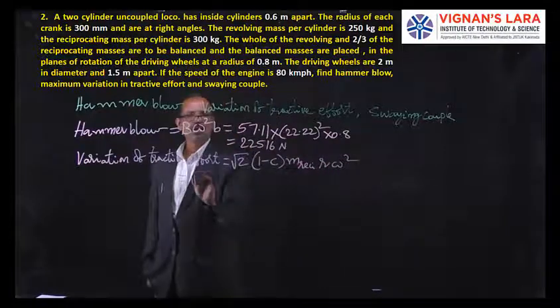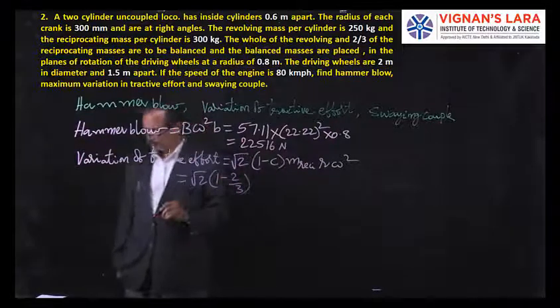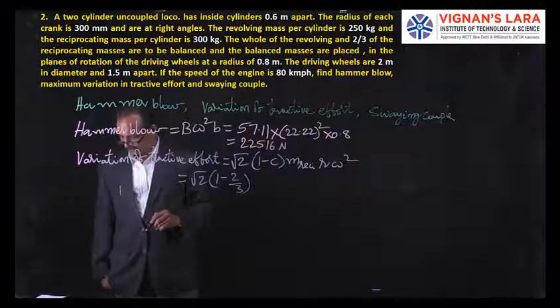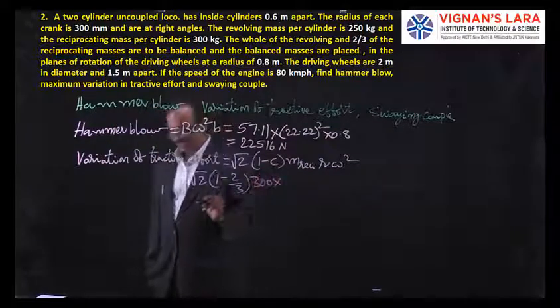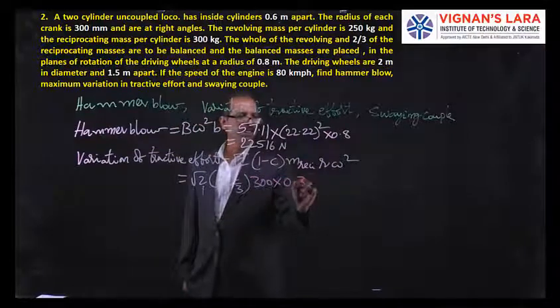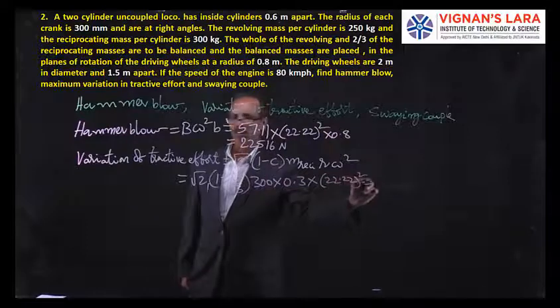C is 2 by 3 and M reciprocating in the problem is 300 kg, r the radius of the crank is 0.3, and omega is 22.22 whole square.